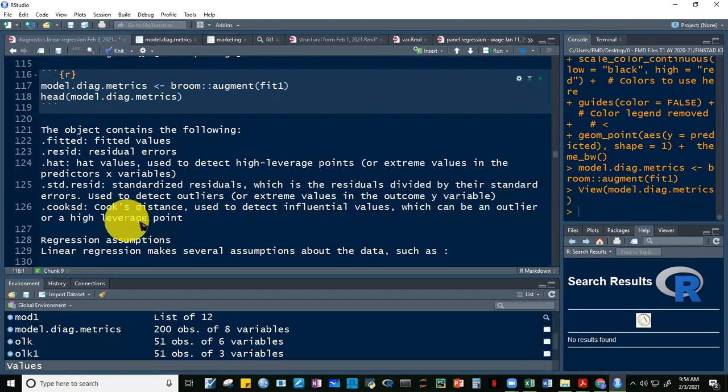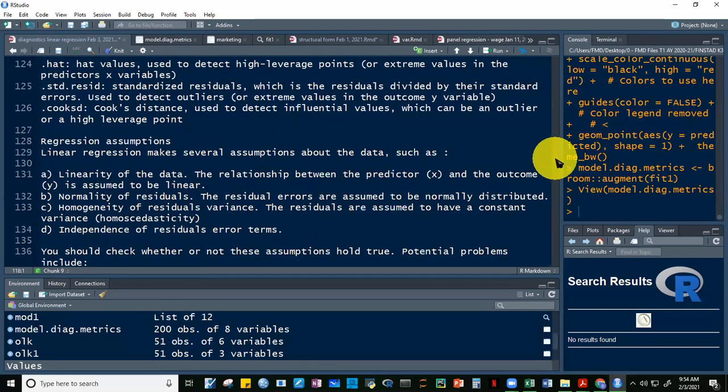And then si Cook's distance, very important guys, it's used to detect influential values. Kasi may titingnan tayo dyan, outlier or high leverage. Pwede kang outlier na hindi ka naman influential. Kailangan outlier ka tapos high leverage point ka pa bago ka maging influential. We'll discuss that in a while.